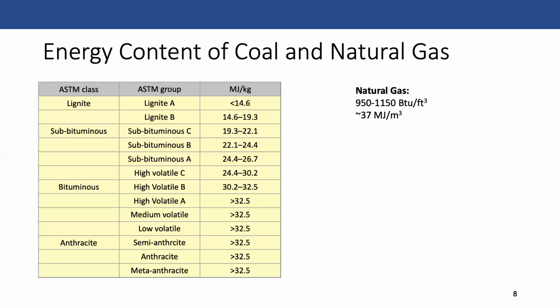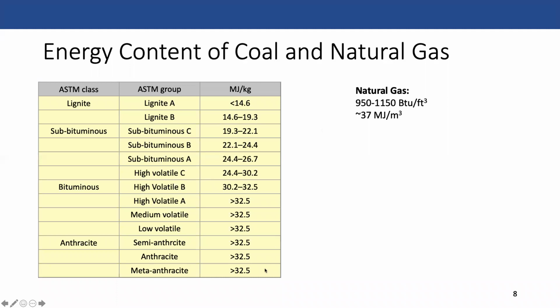These energy densities are determined by the chemical composition of the coal, which fall into these categories here. The way I like to think of it is L for lignite, which is your low grade, and then your B grade and A grade, so from low to high in terms of energy content.